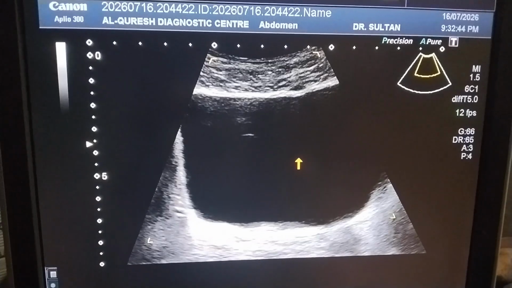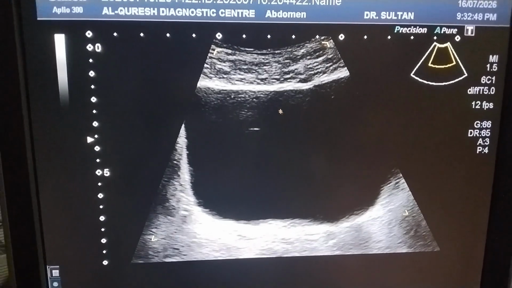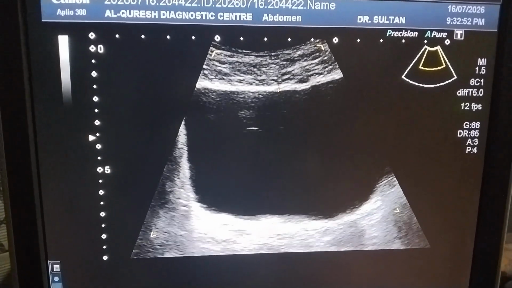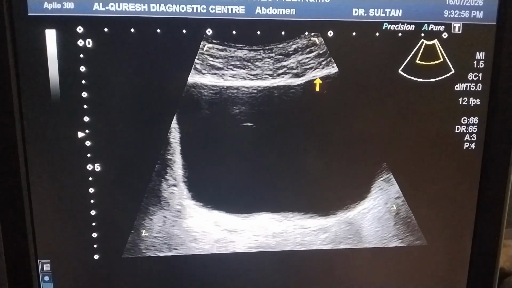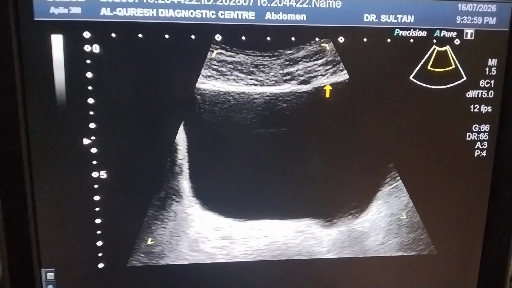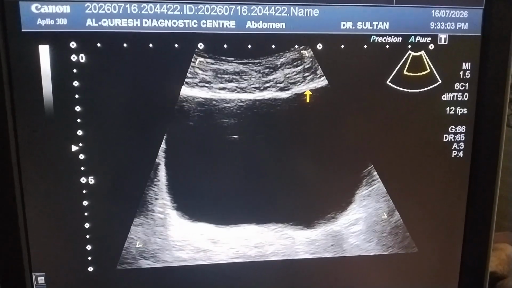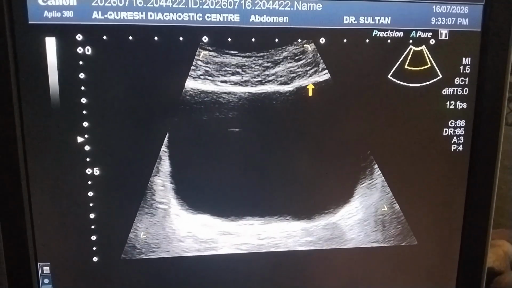When the bladder is adequately filled, the wall should be less than 3 millimeters, and when it is partially filled, it should be less than 5 millimeters. When it is not adequately filled, the walls seem to be thickened, although they are not truly thick.